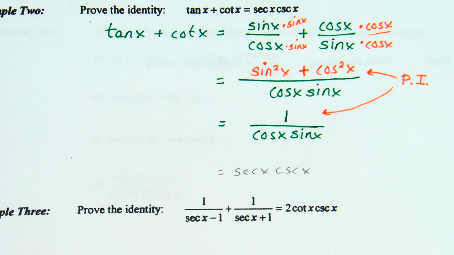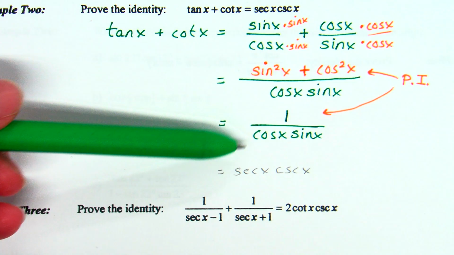And this is where it helps to know where are we going, right? What do you notice here? That 1 over cosine x sine x is equal to secant x cosecant x. The reciprocal of cosine x is secant x. The reciprocal of sine x is cosecant x, yes?